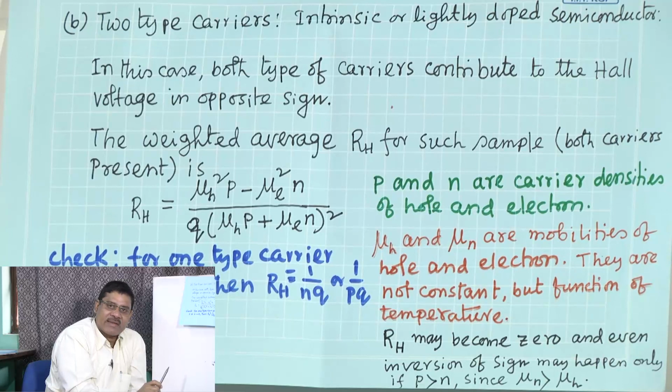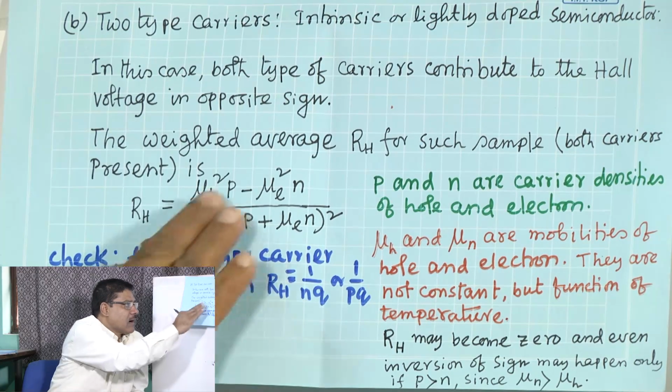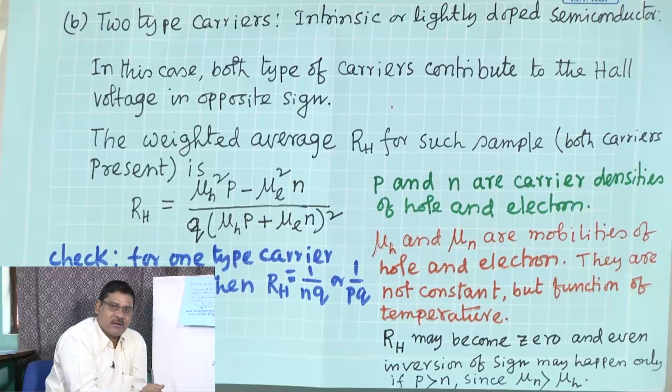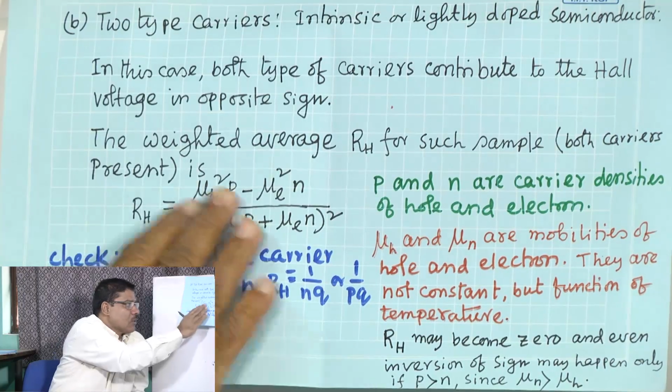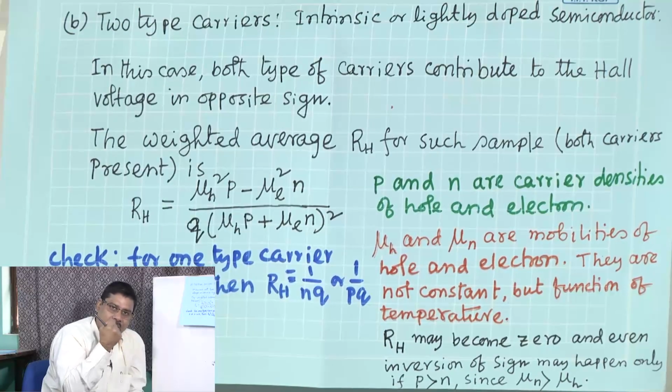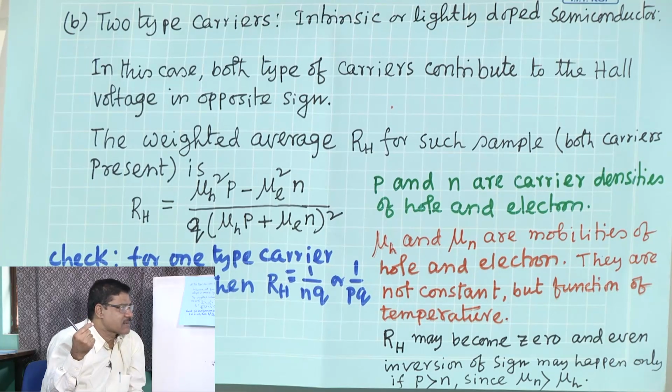Okay. So Hall coefficient versus temperature, or Hall voltage versus temperature. If you measure the Hall voltage as a function of temperature, then from there you can find out the mobility ratio of electron and hole of that sample.